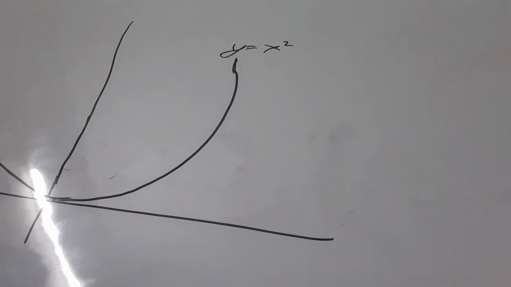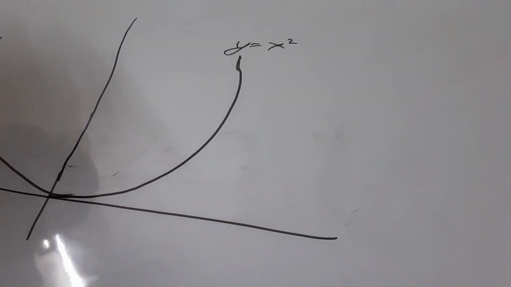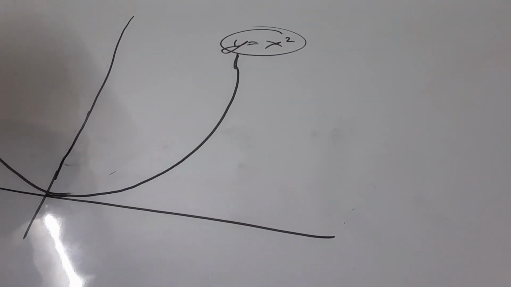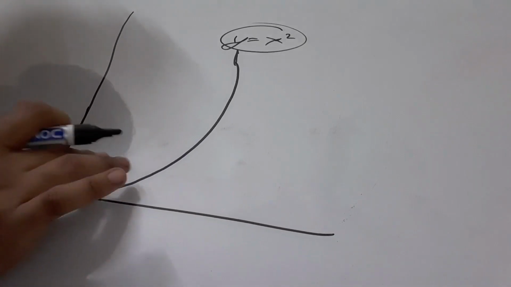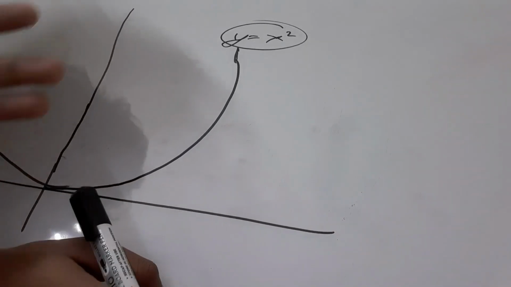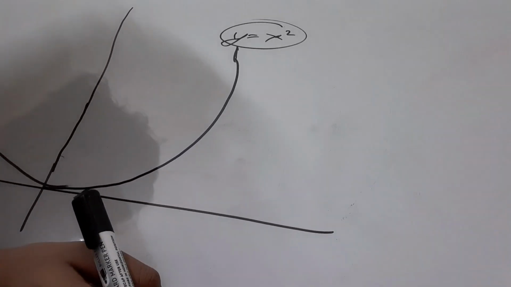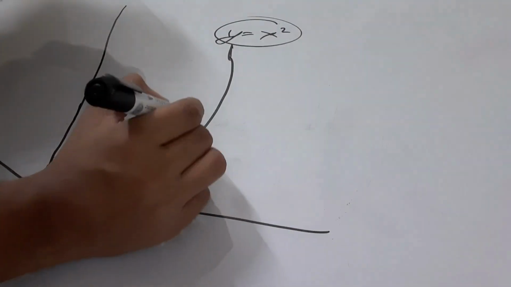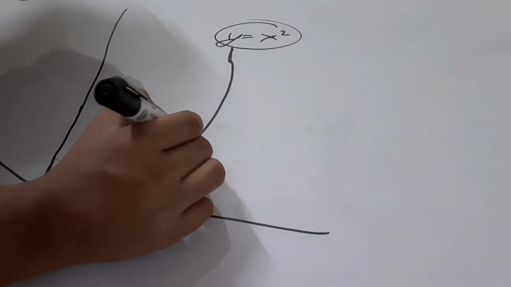So here's the parabola. Why have I drawn this graph? Well, to prove a point. Now suppose I want you to tell me the slope of this graph at this point.